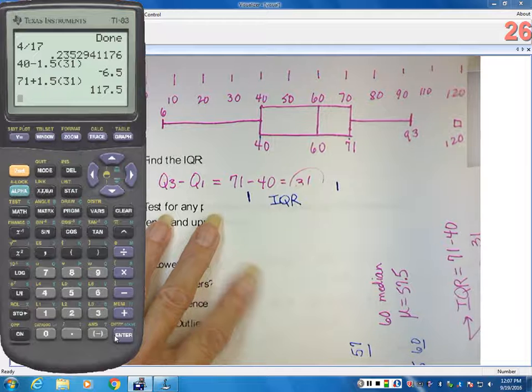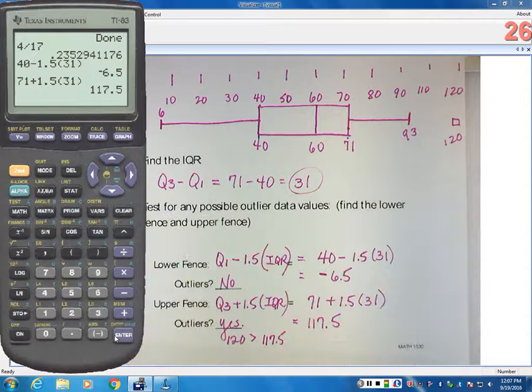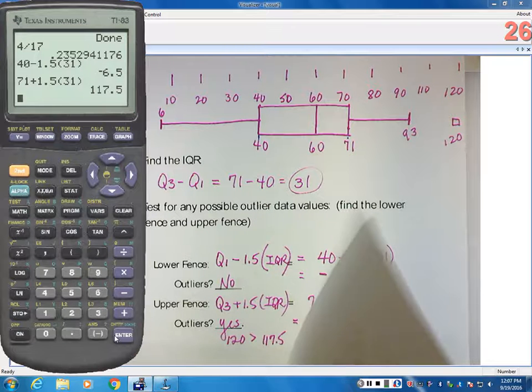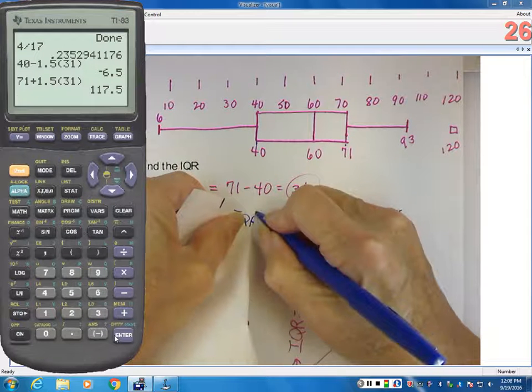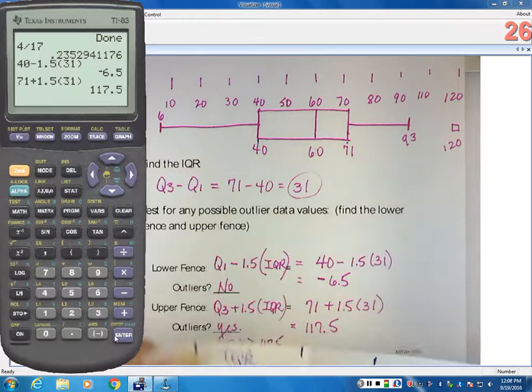So if I measure that distance, I'm trying to be as accurate as I can, so I folded it in half, put another mark.